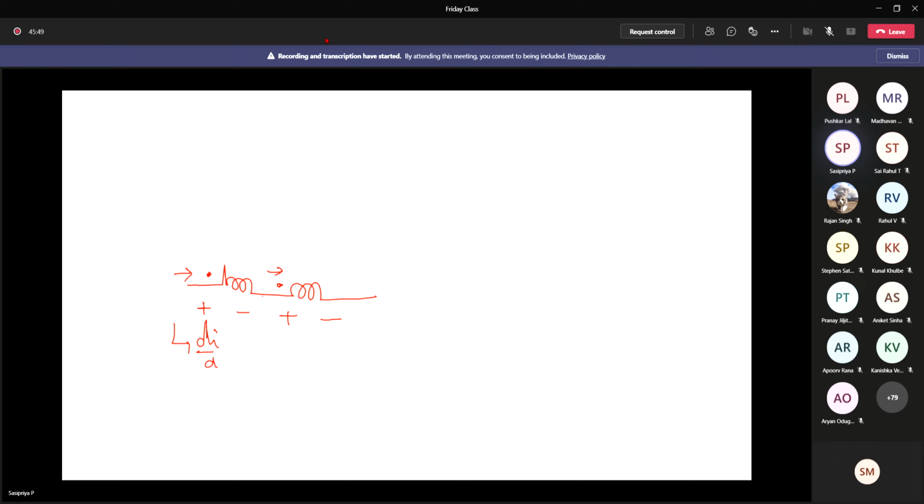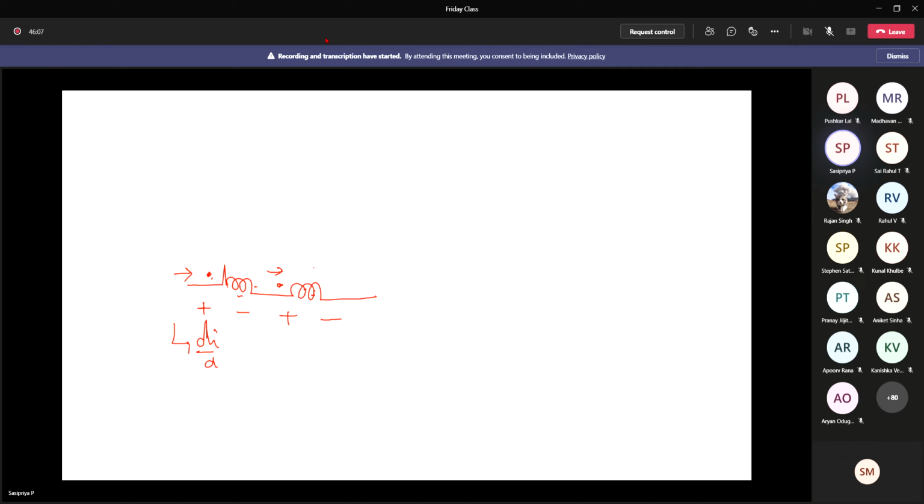Now we will have the mutual inductance, because current enters here. Due to this current, I'll have the mutual voltage. At the same time, current is flowing through this coil also, so due to this current, we'll have the mutual voltage here also. I'll have the mutual voltage in both the coils because current is flowing through both.